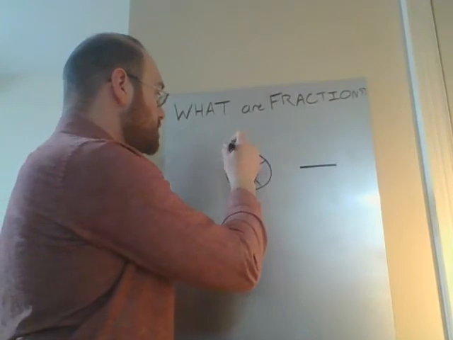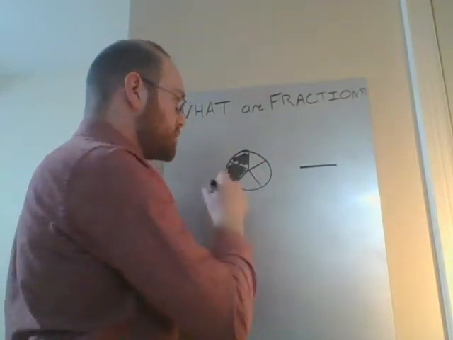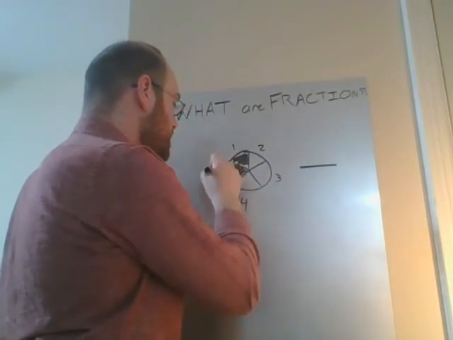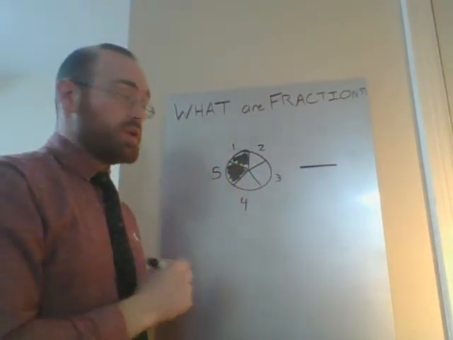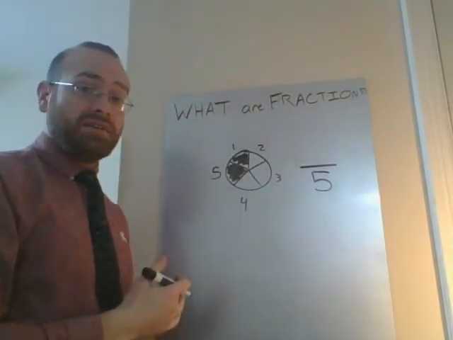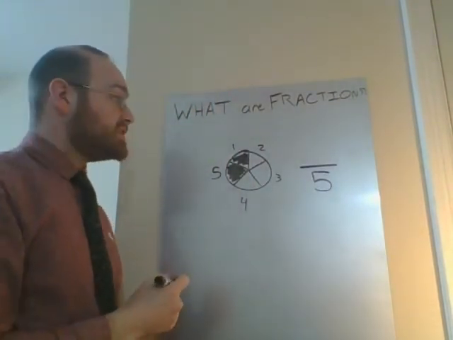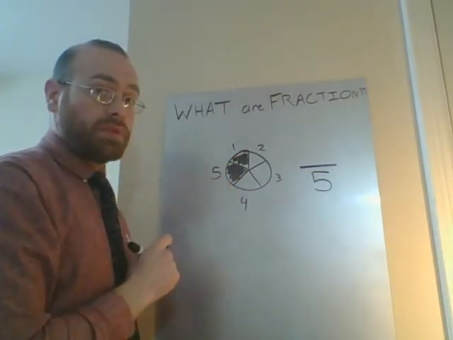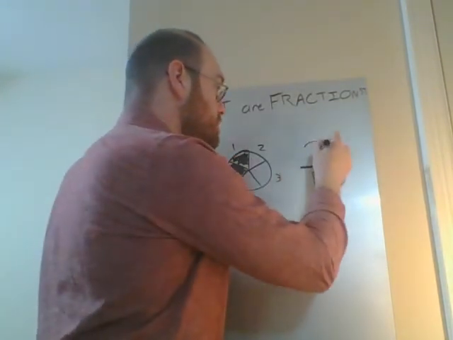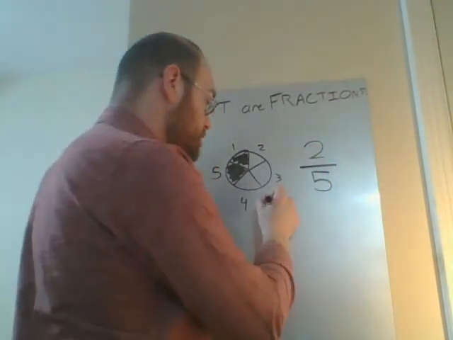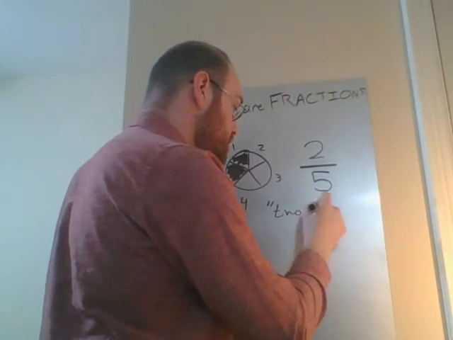So this circle was cut into 1, 2, 3, 4, 5 pieces. So the number that goes on the bottom, our denominator, is 5. Now we need to count the number of pieces we have shaded. That's 1 and 2. So we have 2 over 5 as our fraction, which you would say in words as 2/5.